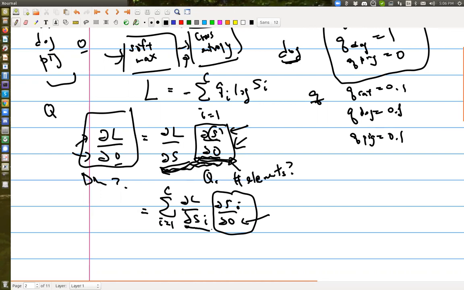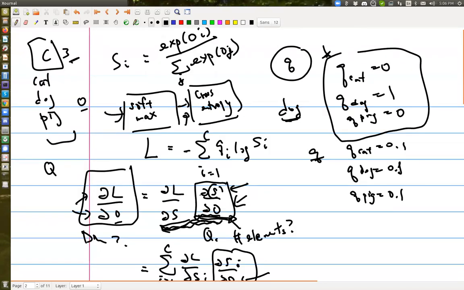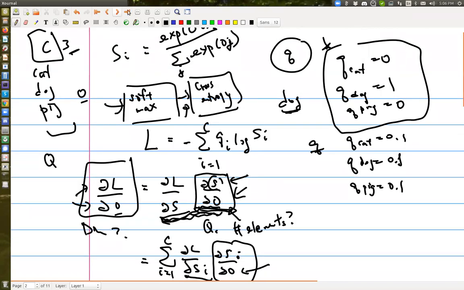And this guy in this case will be a scalar, right? So what's partial L, partial S_i? Let's go back and look at this.